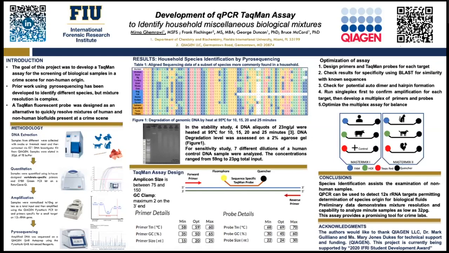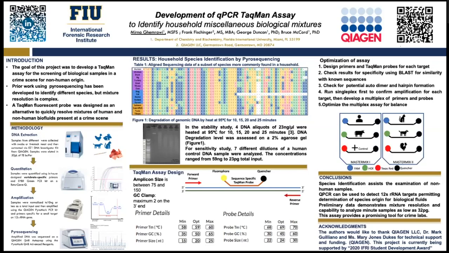And for the Pyrosequencing primers, it was a collaborative work between Frank from QIAGEN and myself. And it was a great teamwork that we worked on for the Pyrosequencing assay design. For the TaqMan, I'm looking more into literature and into designing my own primers and my own probes.